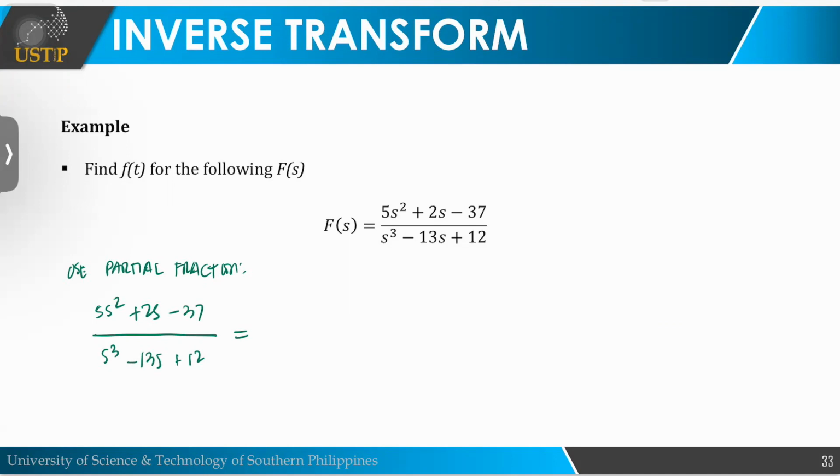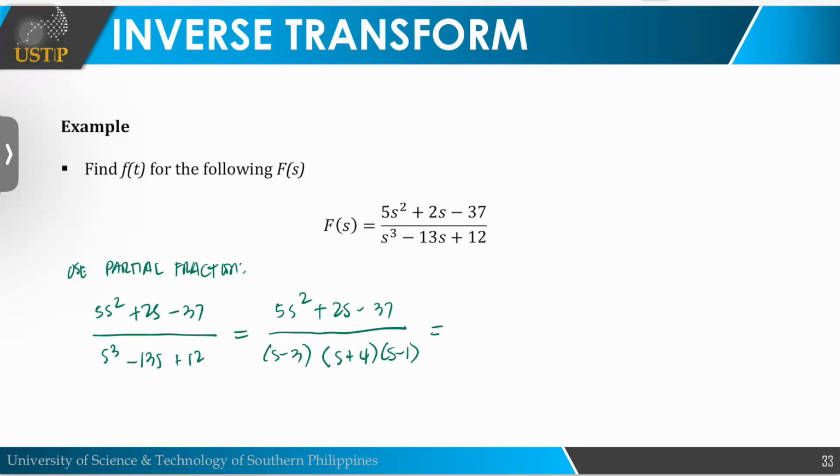Just factor the denominator and use partial fractions. That's it. So we have 5s squared plus 2s minus 37 over the factors of the denominator, class: s minus 3, s plus 4, and s minus 1.